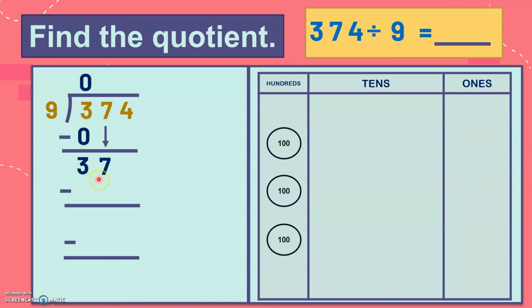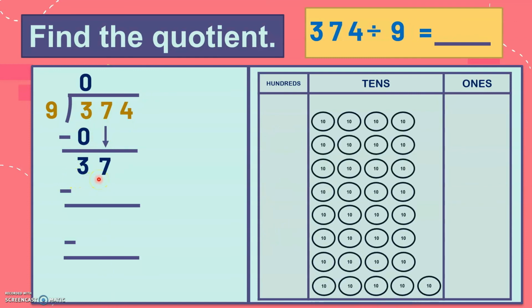So, 37 tens divided into 9. So, why will it become 37 tens? Because we cannot divide 3 hundreds into 9. So, it will become 37 tens. Because we will regroup 3 hundreds into tens.